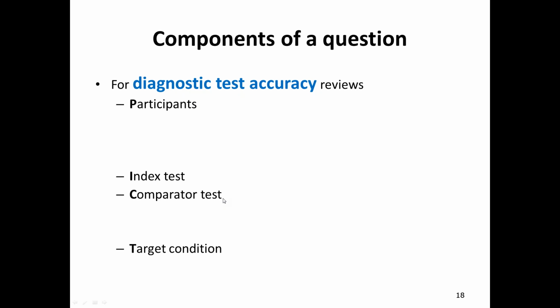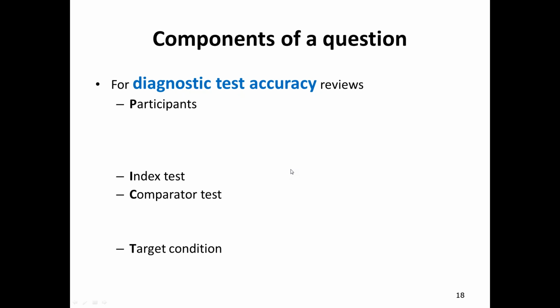So some reviews have comparator tests, some reviews just only look at one index test. But the big change is at the O, because the O actually now for us is the target condition. It's saying what is it that we're trying to identify? What is the diagnosis? What's the condition we're trying to identify? And we have to state that rather than stating mortality or fever or something like that.